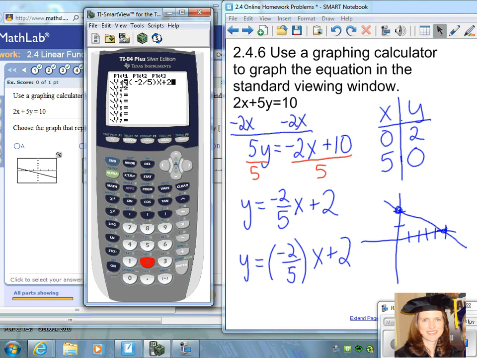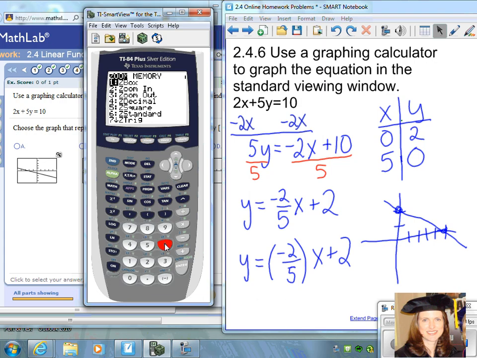To graph this in the standard viewing window, after you enter it in, you're going to press this zoom button on the top middle of your calculator. When you press the zoom, you're going to choose the standard zoom, which is number 6. You can simply type in 6 or scroll down and press enter.